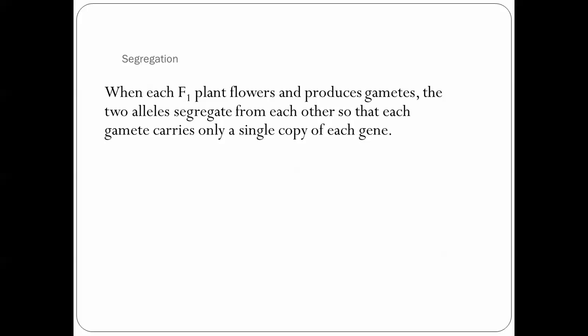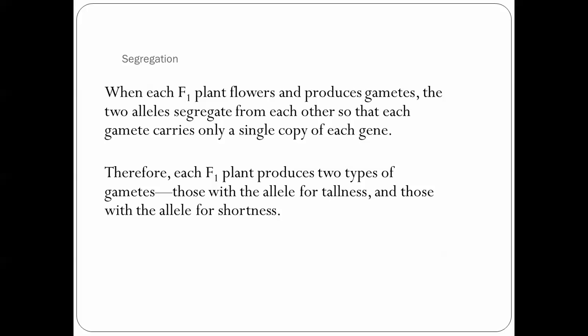We're going to talk about how our sex cells divide. They divide differently than our regular body cells. What it's saying is that our sperm will only have one allele for tallness, and then maybe one allele for shortness. Therefore, each F1 plant produces two types of gametes, those with the allele for tallness and those with the allele for shortness. Again, what I just said.